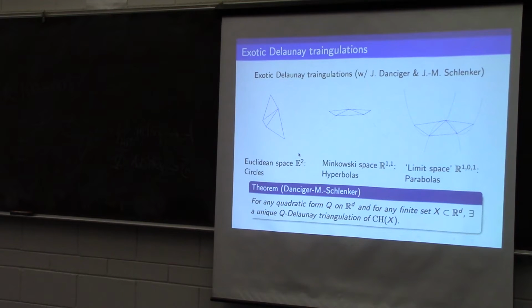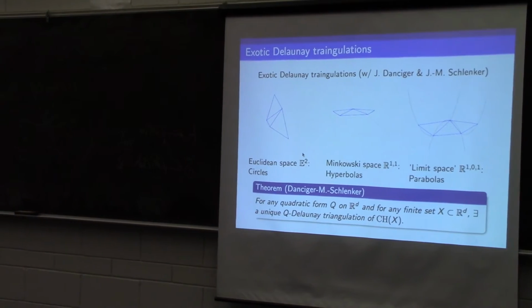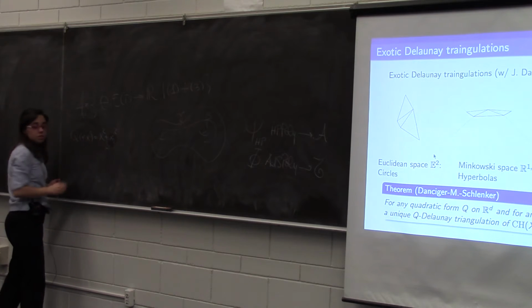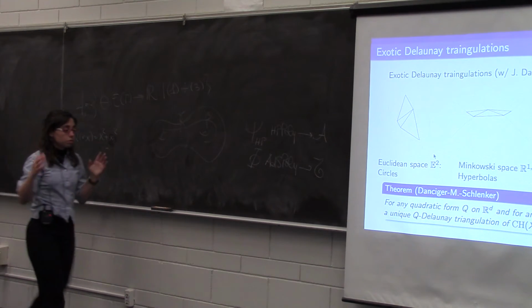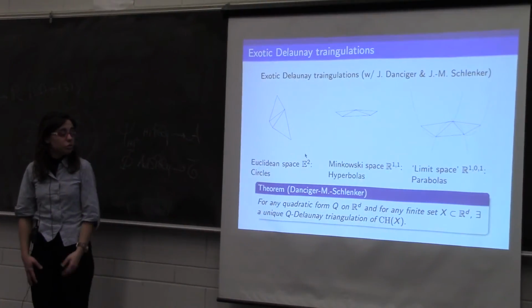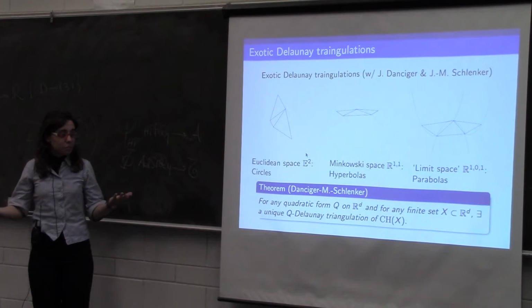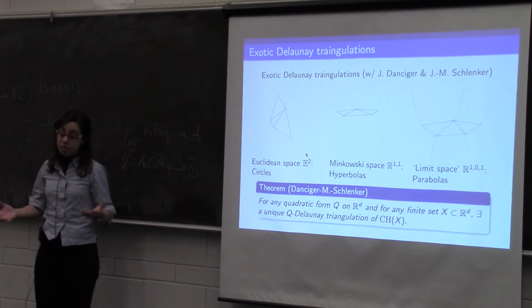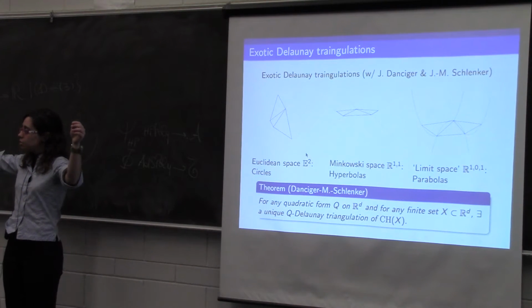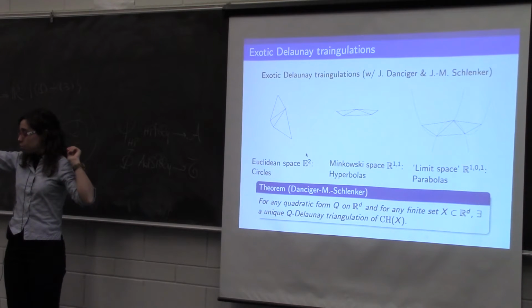Let's say the Euclidean inner product is given by x squared plus y squared, or if you want x1, x2 squared. Here you can put a minus, and this gives the Minkowski one, or you can simply have the degenerate one. Anyway, you can define the Delaunay triangulation for these new geometries, and then you can prove optimality properties. For example, the Delaunay triangulation is the one such that if you put all the angles in a list, it has the biggest smallest angle.